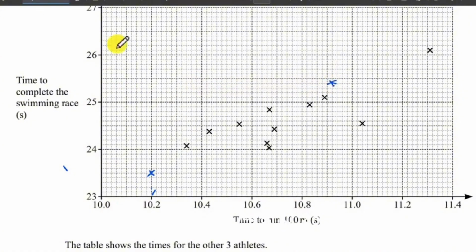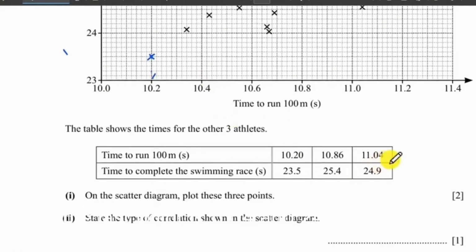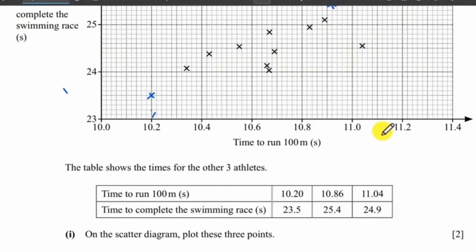Then the last point is 11.04 and 24.9. So this is 11.0, this is 11.2, so this is 11.1. 11.1 will be here. So 11.04, since the space between 11.0 and 11.1 is divided into 5, each division must be 0.02.